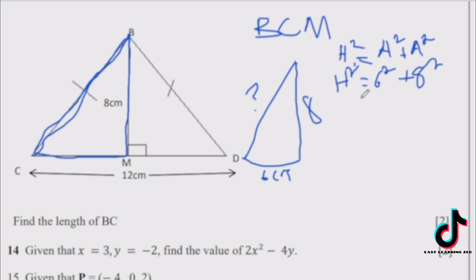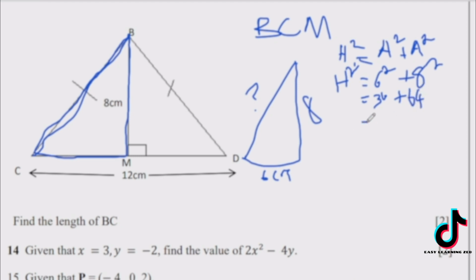Then once I've done that, the next thing I'm going to do is find the value of 6 squared. So 6 squared is more or less like saying 6 times 6, which will give us 36. Then plus 8 squared, that is 8 times 8, which will give us 64.